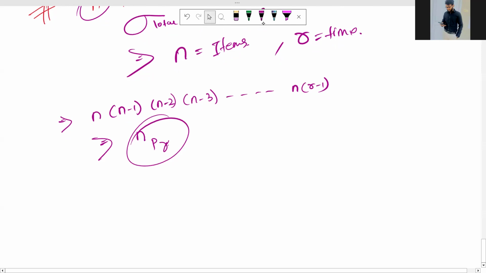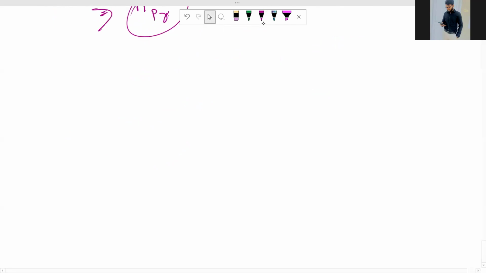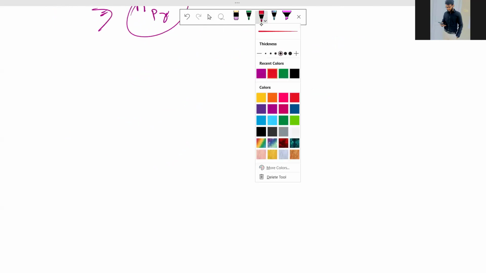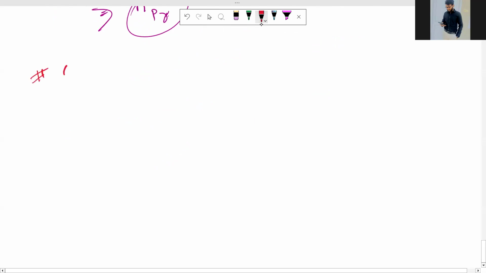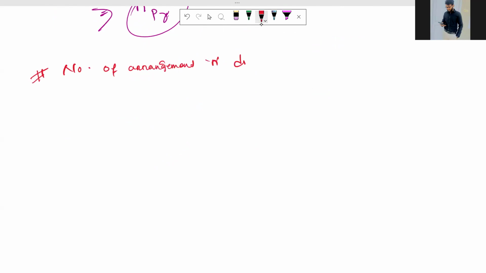Now here one concept we are going to know: the number of arrangements of different items taken r at a time.